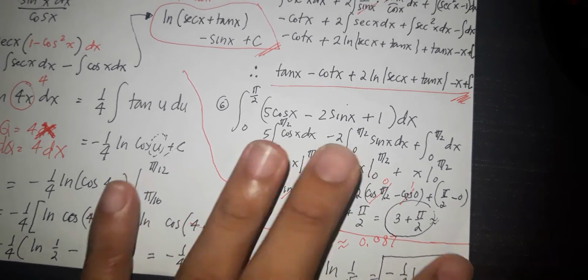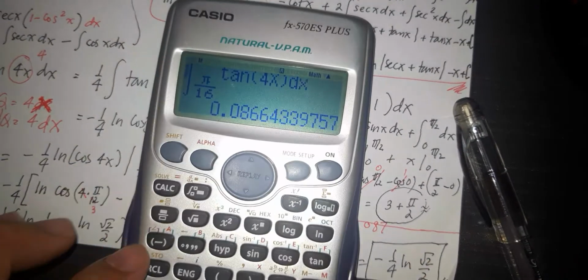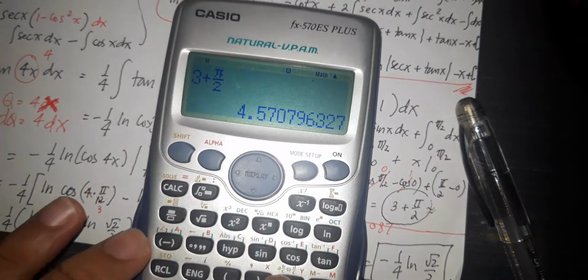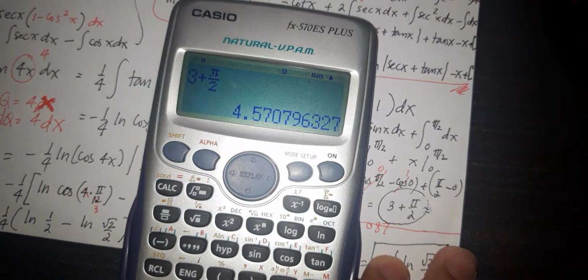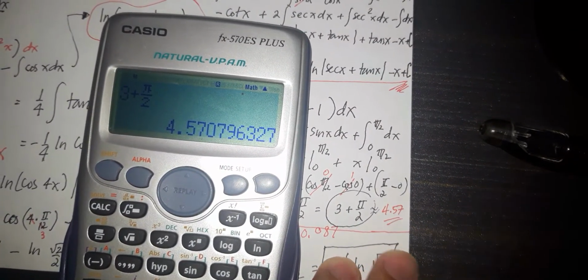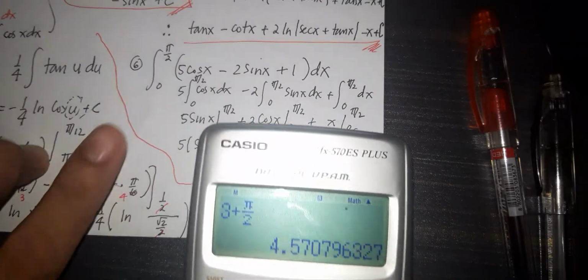Or approximately equal to 3 plus pi over 2. So that's 4.57. So approximately equal to 4.57. So let us try to verify our answer.